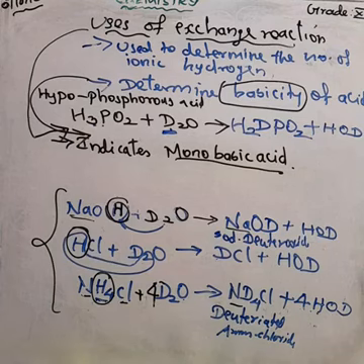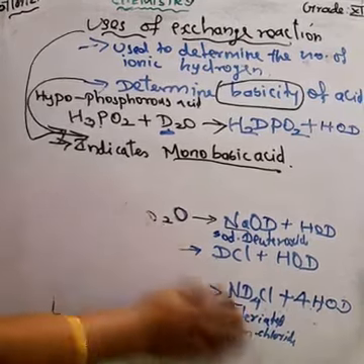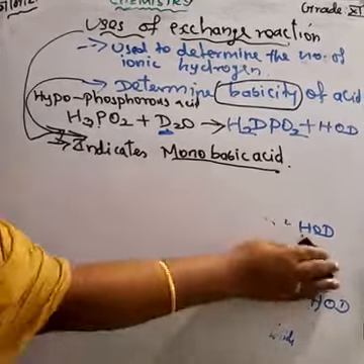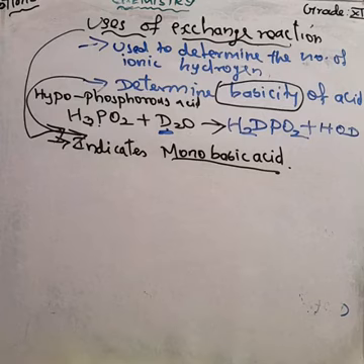And another use. It is also used to prepare some deuterium compounds. The heavy water, that is deuterium oxide, can be used to prepare some deuterium compounds. What are the deuterium compounds? We are going to study how heavy water is used to prepare deuterium compounds.